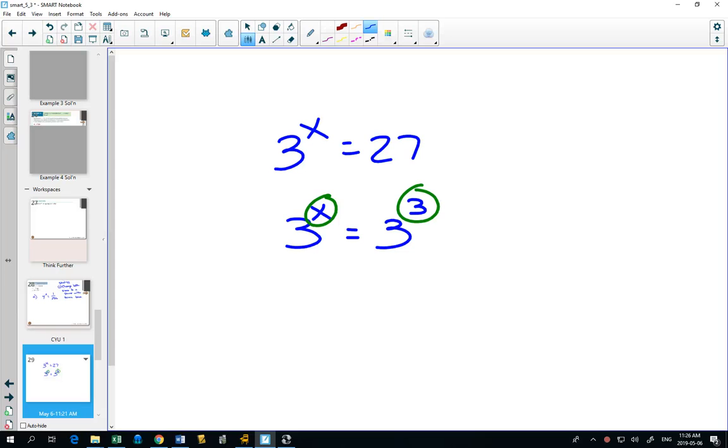And so if I gave you another question, 7 to the x is equal to 7 to the 301. What do you think x is? 301. Because these would have to be the same if they're equal. So this is going to be our strategy.